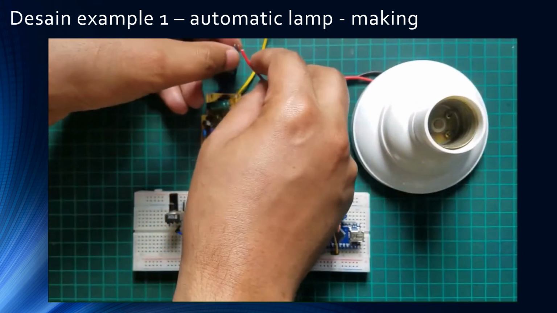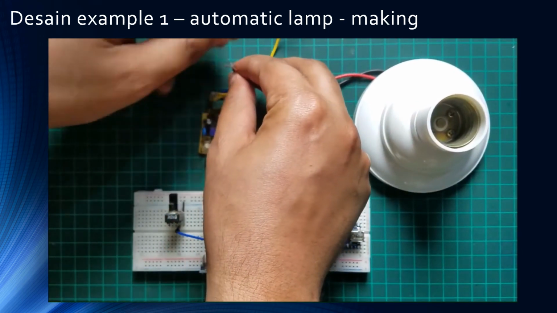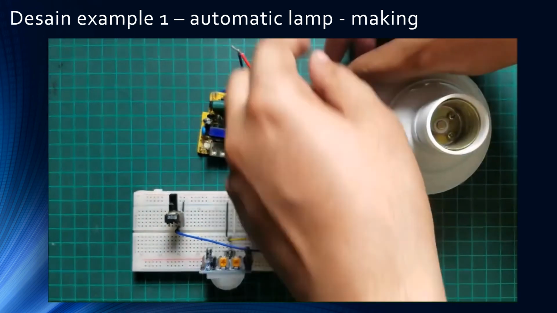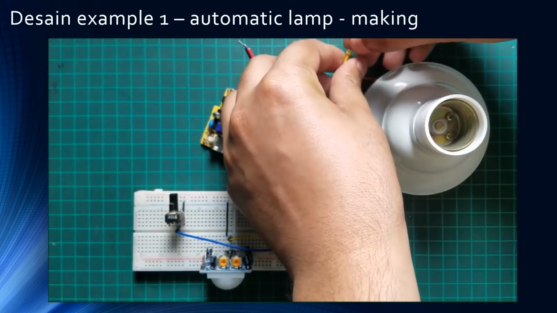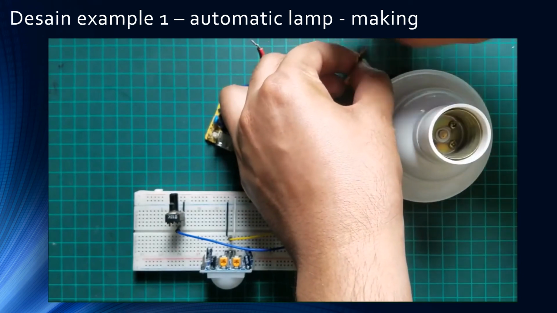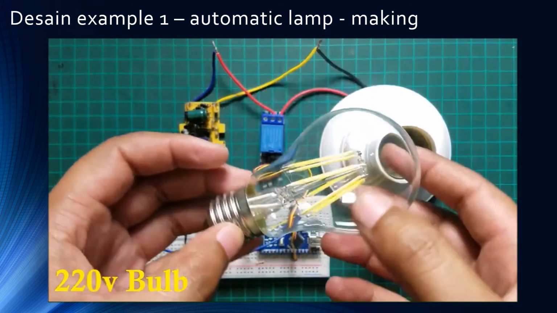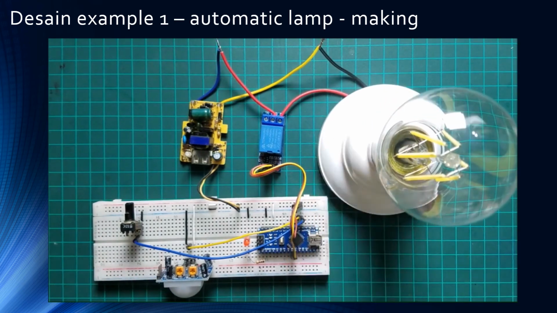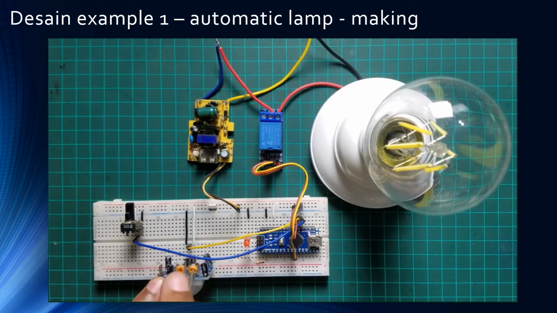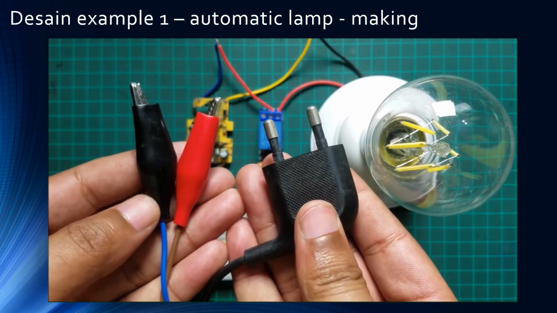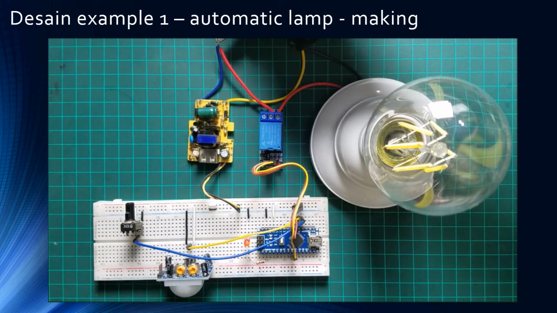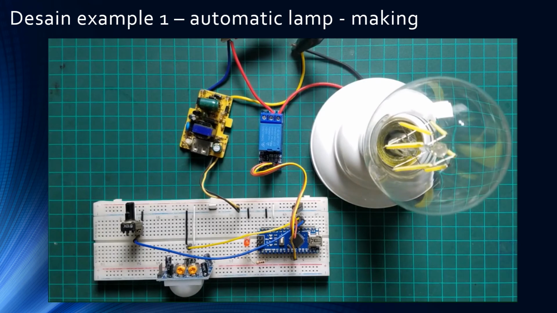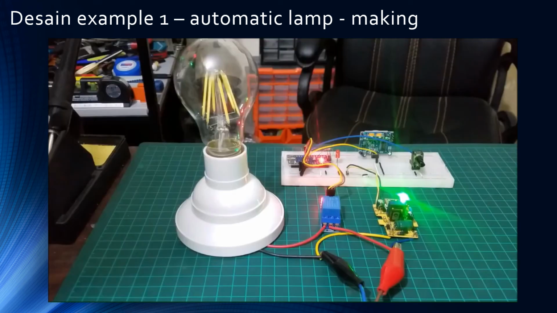Okay, so we connect the lamp to the common and normally open, sorry, and then we connect this cable. One is for providing input for the AC to DC converter, and the other goes to the lamp. Okay, and then there is some sensitivity setting in the sensor. Then we need to provide the connector to the mains.